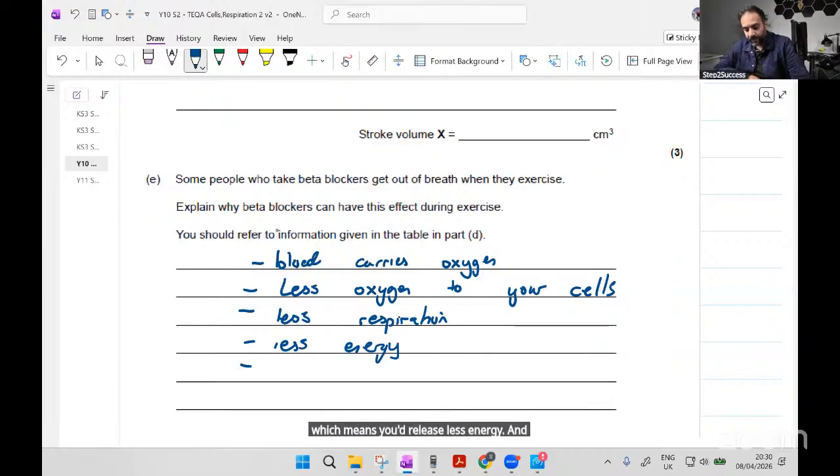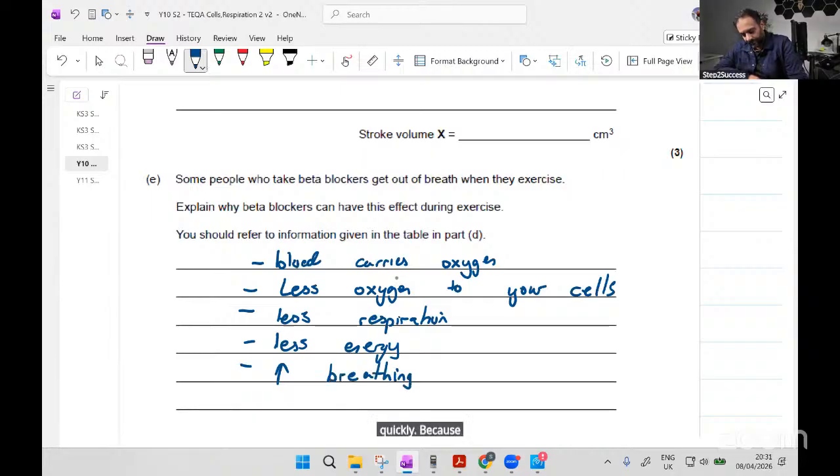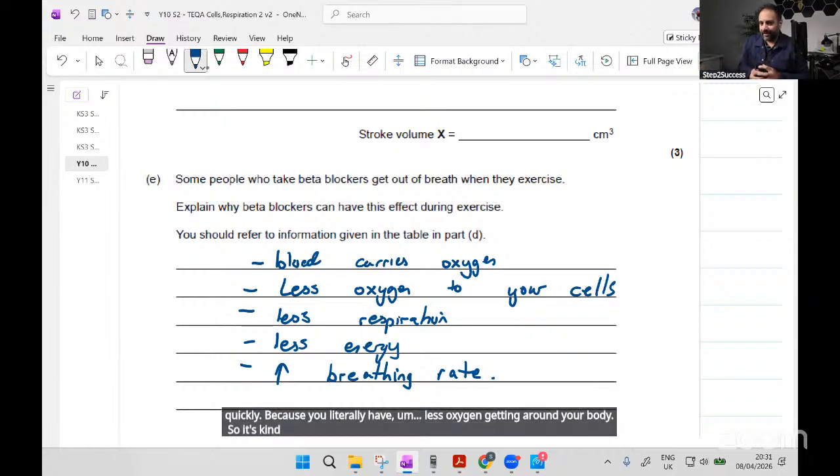To compensate for that, you try to increase your breathing, and therefore you start to get out of breath quickly because you literally have less oxygen getting around your body. So it's explaining that table and then going into the next part.